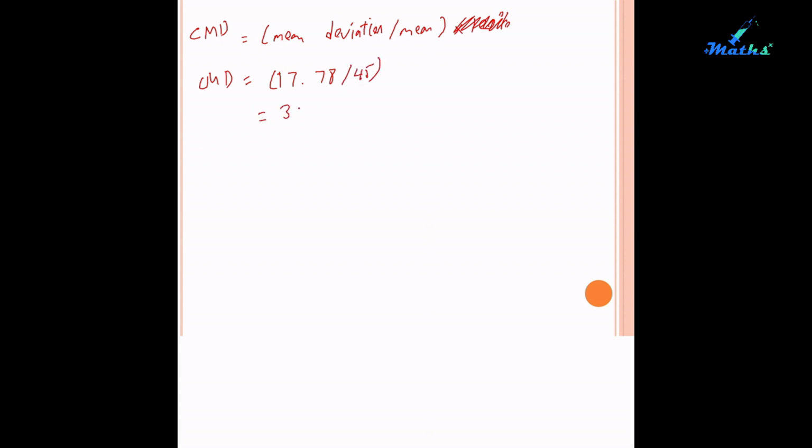So it's equal to 0.39. And the last is also the mean deviation from the median. CMD is equal to 17.22 divided by 40. This is for the median one, so the answer is 0.43.